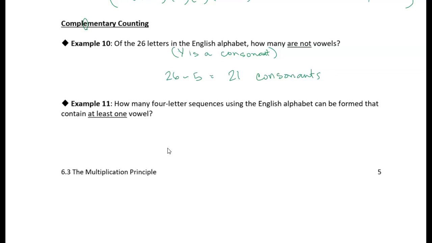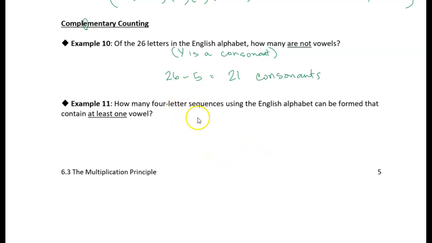We don't want to count C, D, F, R, because that wouldn't count, since it doesn't have a vowel in it. So it's a lot easier to count the number of ways to create a 4-letter sequence with no vowels.